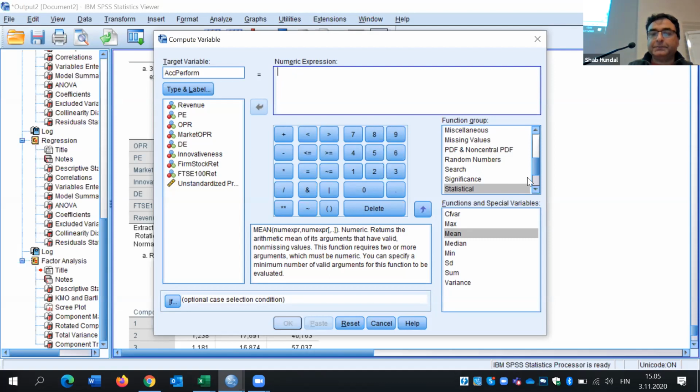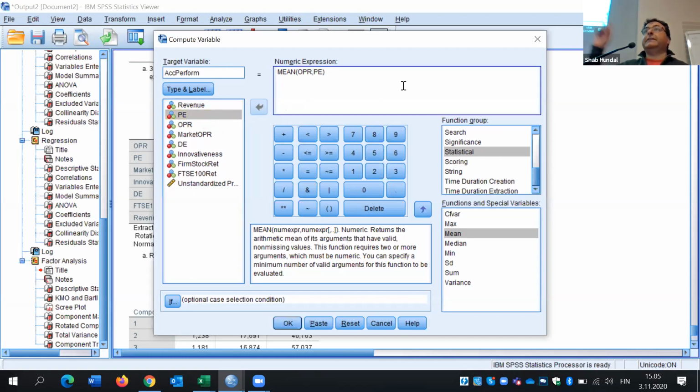And what I do here, I can see that there are some functions like in Excel, there are statistical functions, and in statistics we have the mean. So I click mean and it gives me 2 values separated by comma. The first value is my OPR and the second value is P to E. So PE, yeah.